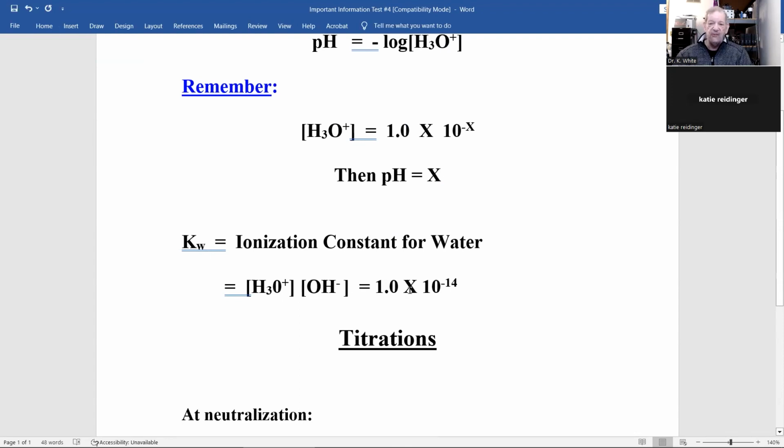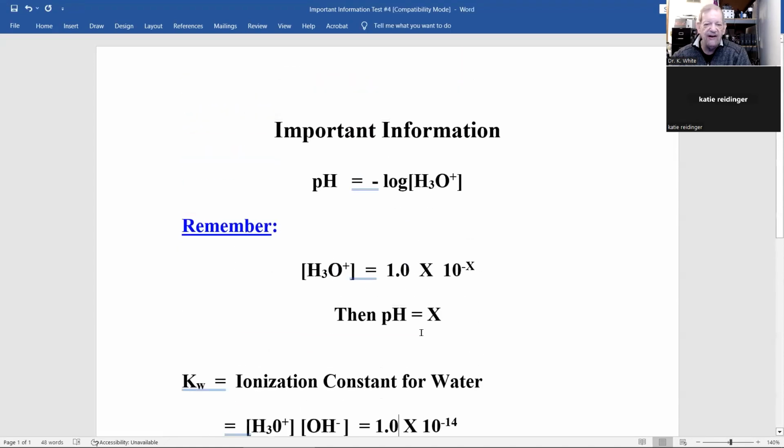Like I've said all semester, I've cut way down on memorization. I'm testing your knowledge of chemistry, not your memory. But again, this is important information. You can find what you'll be given in the lecture section folder of Blackboard, called Important Information Test number 4.